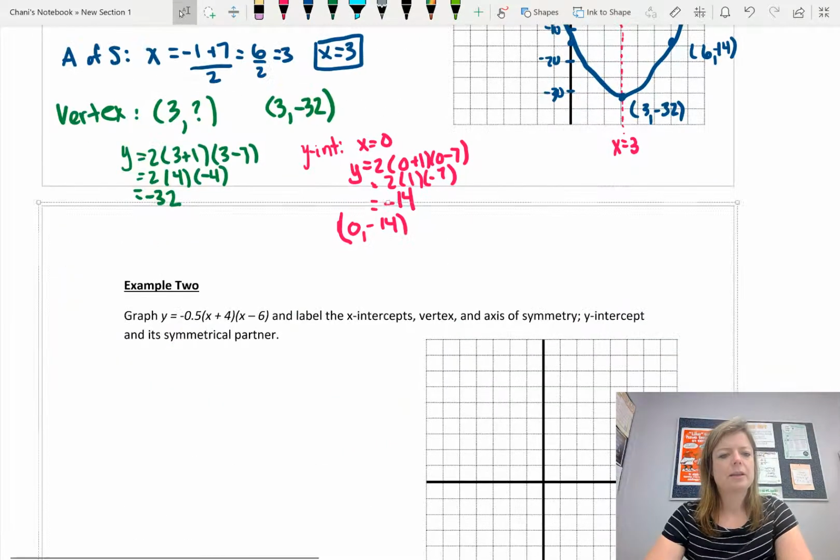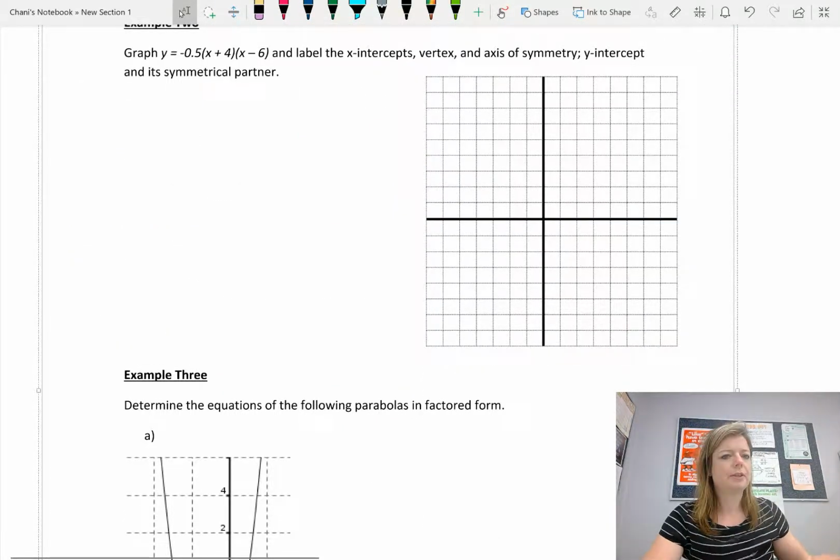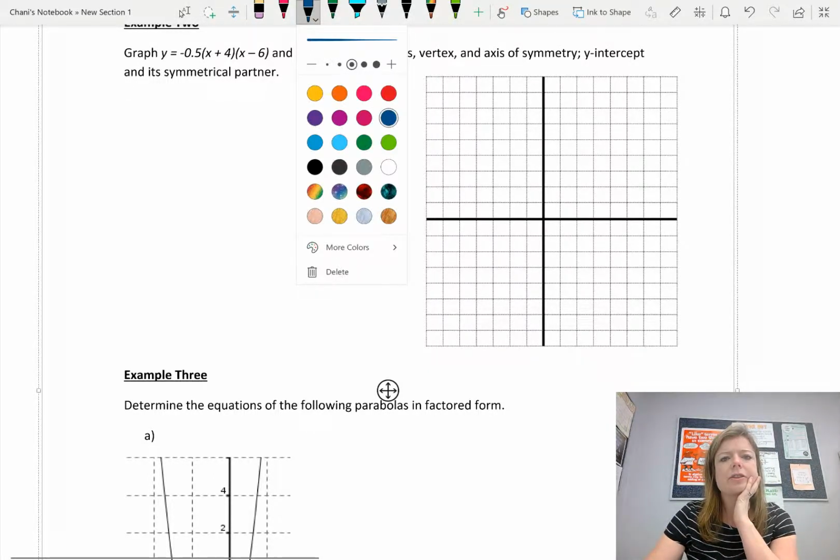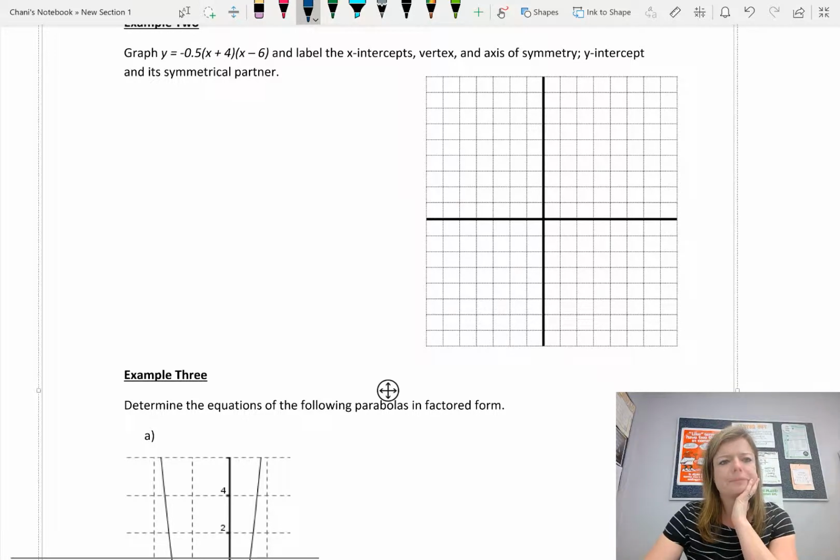All right, so let's go on to example 2. Graph this. Okay, so I do invite you, if you're a bit more advanced, to pause the video and see if you can do this on your own, and then just verify it with me. So the x-intercepts, we're going to do that first.